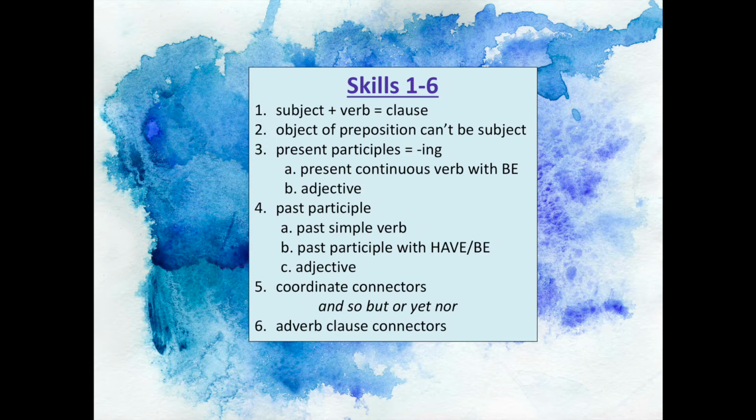Skill 3 was about present participles, the words with the ing ending. Present participles are a verb if you see the be verb in front of it. If there is no be verb, then the present participle is an adjective and not a verb.